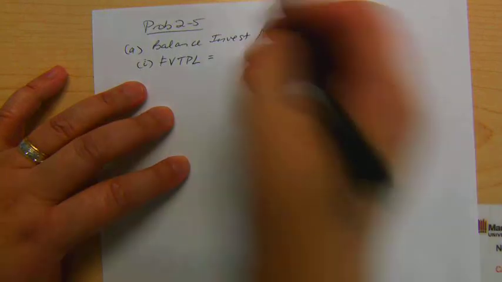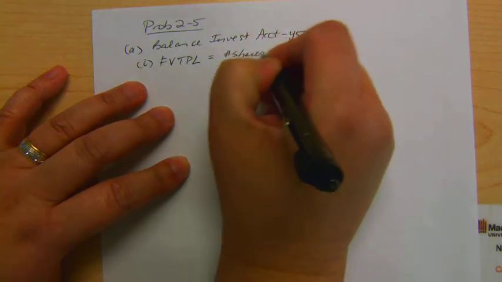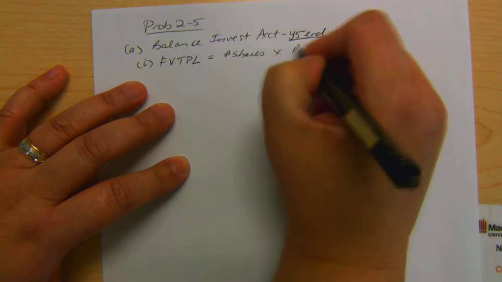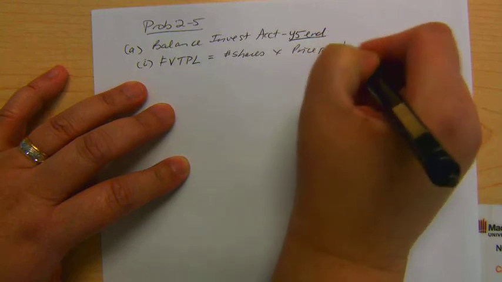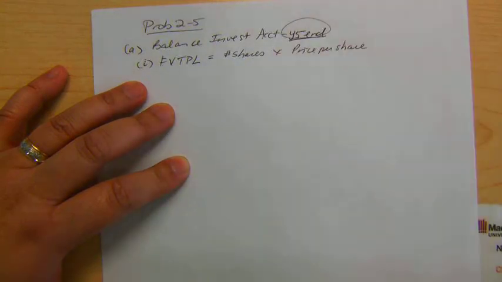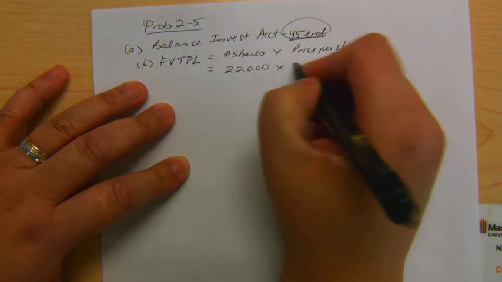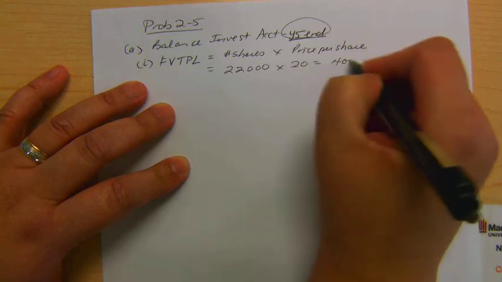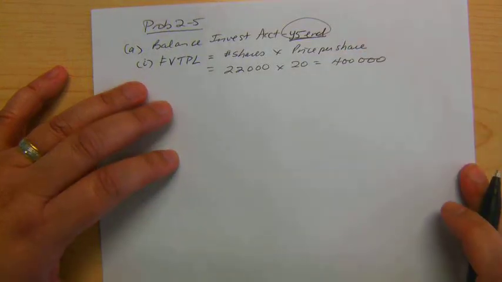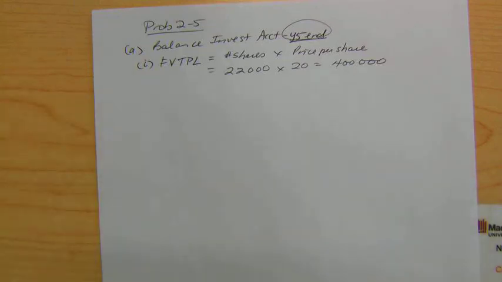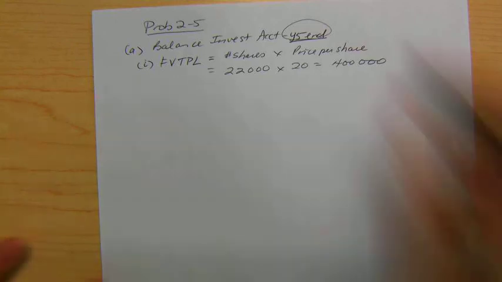That's going to equal the number of shares times the price per share at the end of year 5. So it's simply 22,000 times 20 is 400,000. No, it's 440. I can't read my own writing.